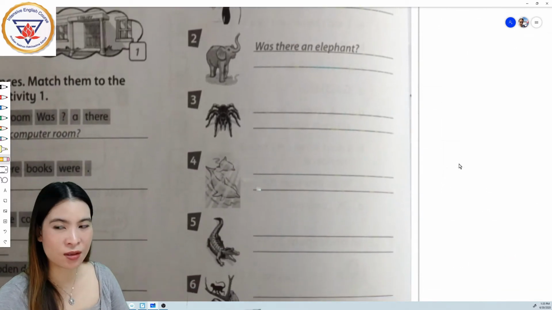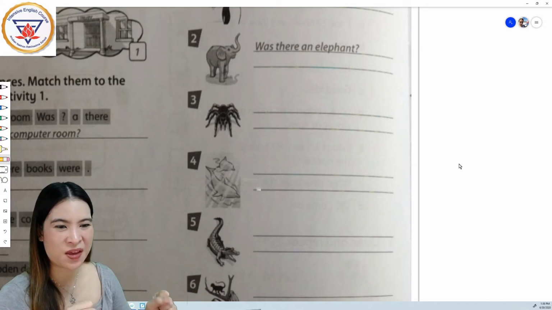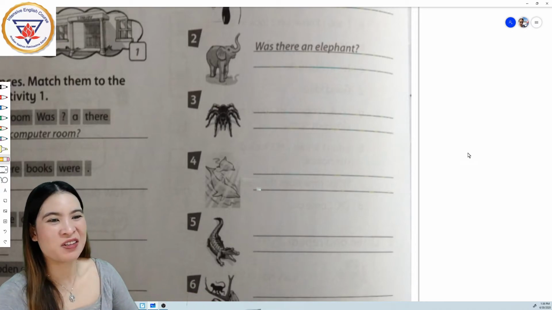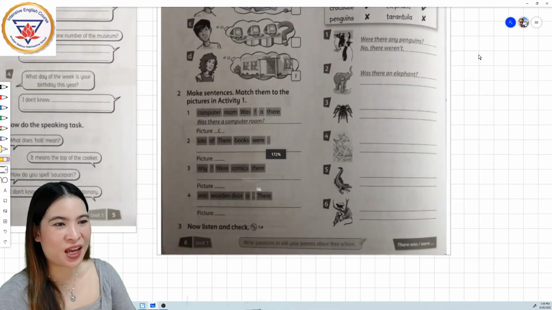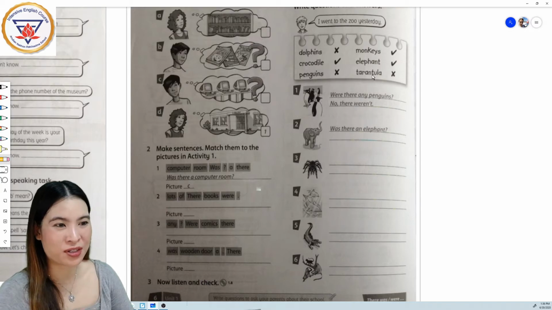Number 3, this is a tarantula. Who likes tarantulas? I don't know, they're creepy, they have legs and they're hairy and scary. I don't like tarantulas. Okay, anyways, there weren't tarantulas there. Oh, thank God.